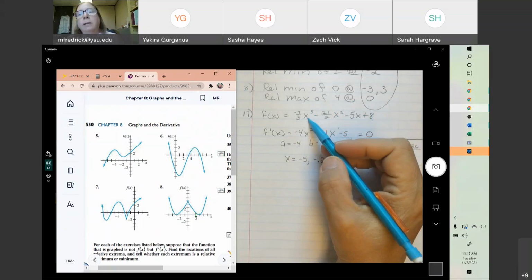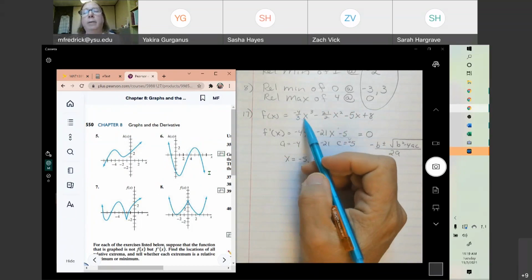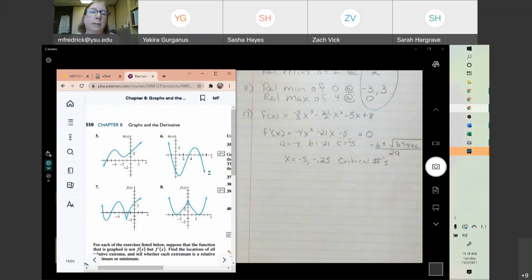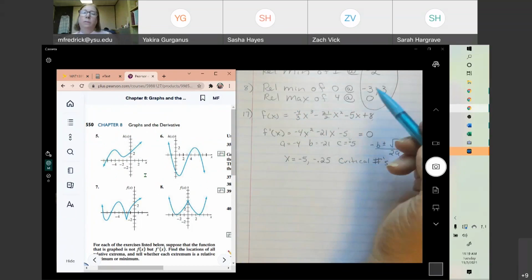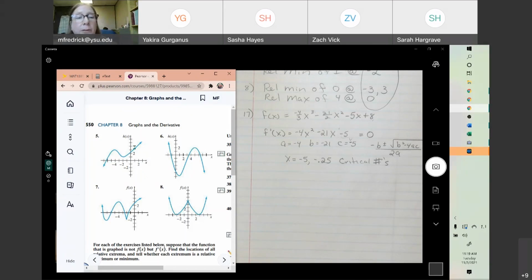In this case, this odd one would look like number 6 because it's decreasing because of that negative on the highest degree term. So because that's negative, it would be going this way. This would be a positive x cubed. Or any odd degree, x to the 5th, x to the 7th, will resemble these two graphs.